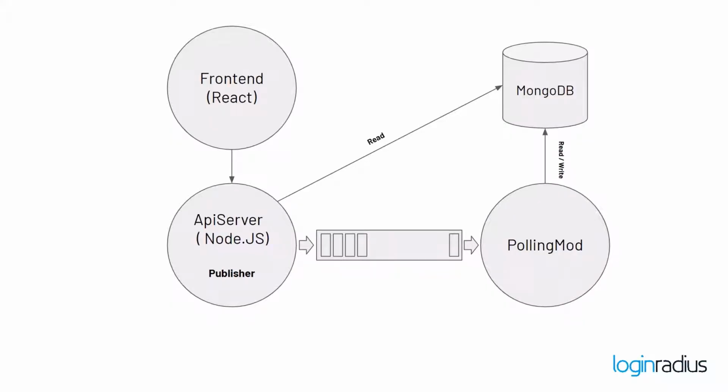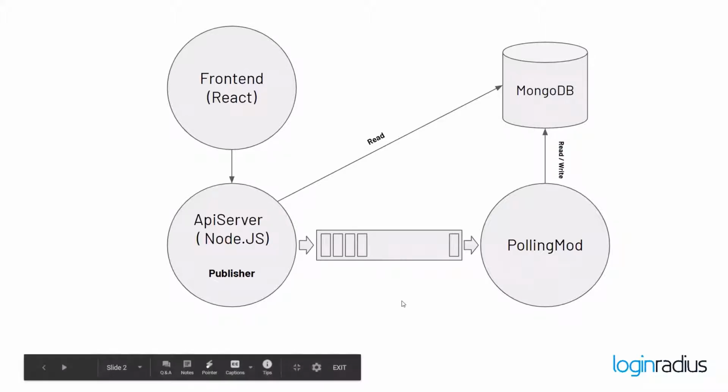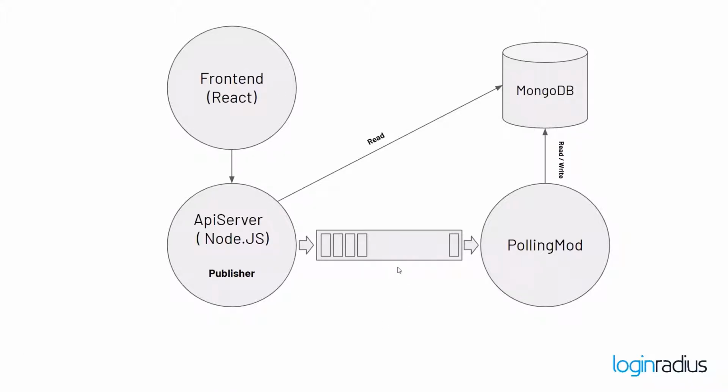Before we jump on to the code and the regular Docker stuff, let's talk about the application which we have as of today. So this is what has been done by now. MongoDB and React are used along with Node.js to create the whole architecture. Also, there is a queue. This API server is a Node.js Express application which acts as a publisher as well.